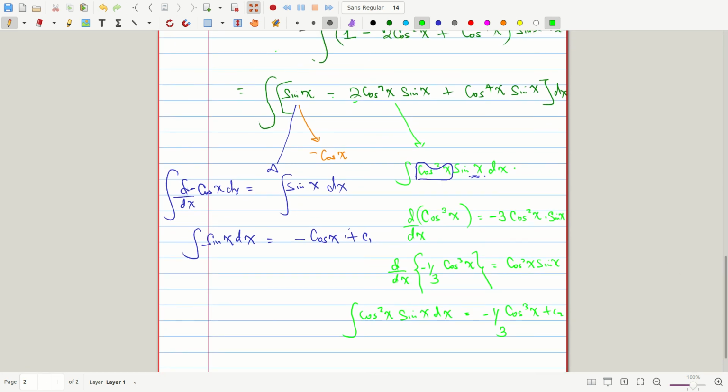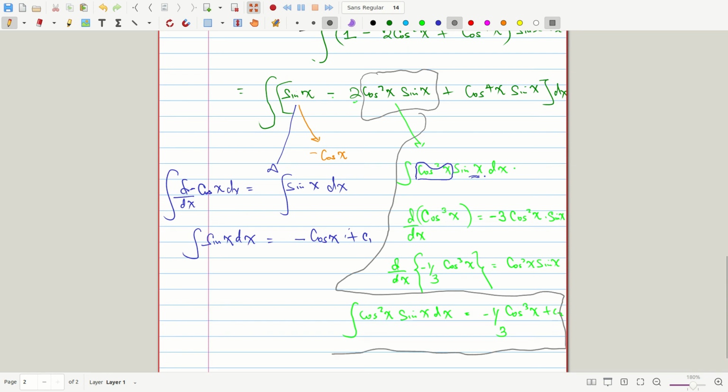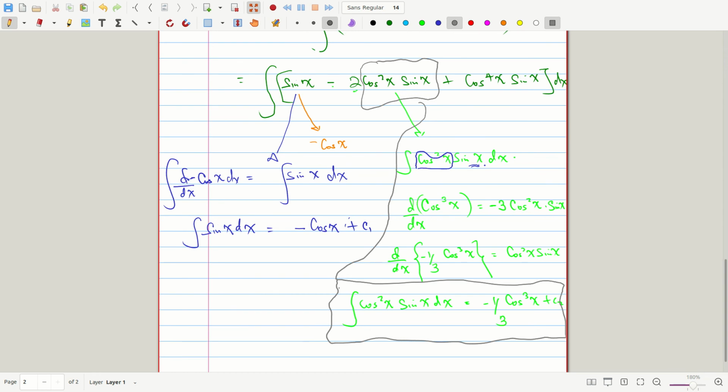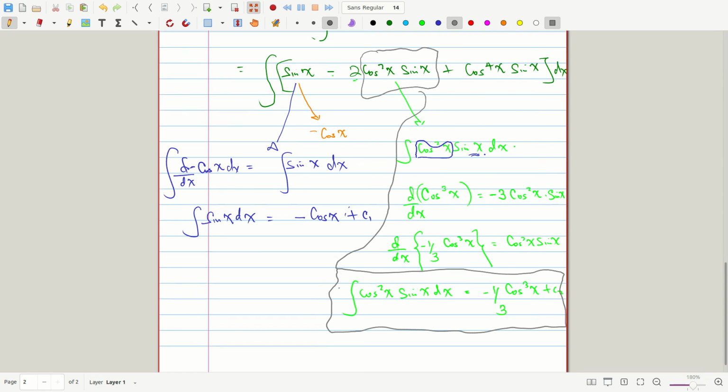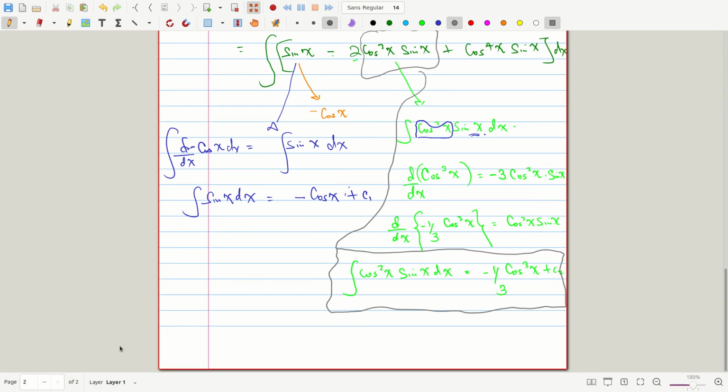So now we can come back here, and we are going to substitute this part here, cos squared x sine x, this one here. So we are left with one part, cos to the power 4 x times sine x.